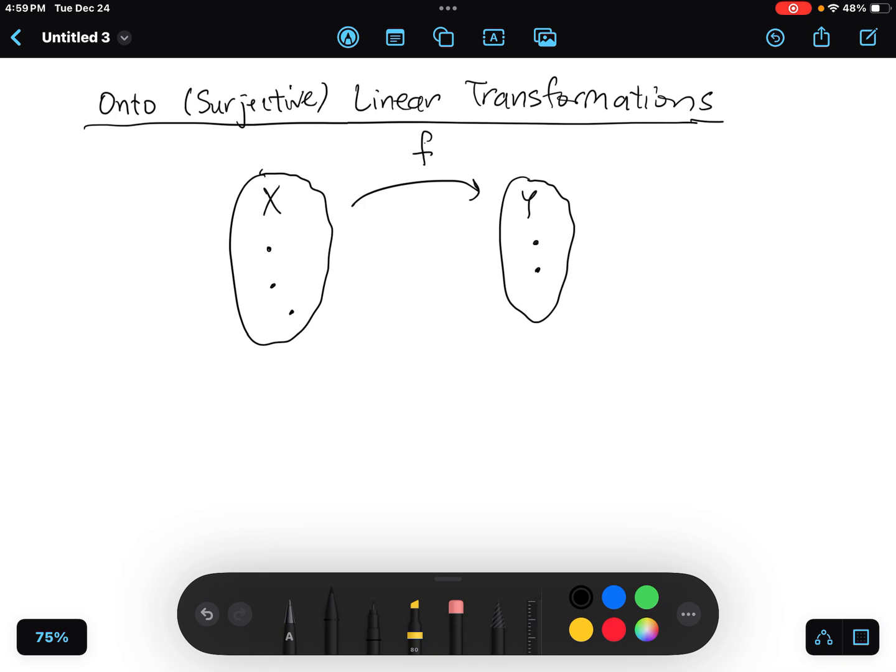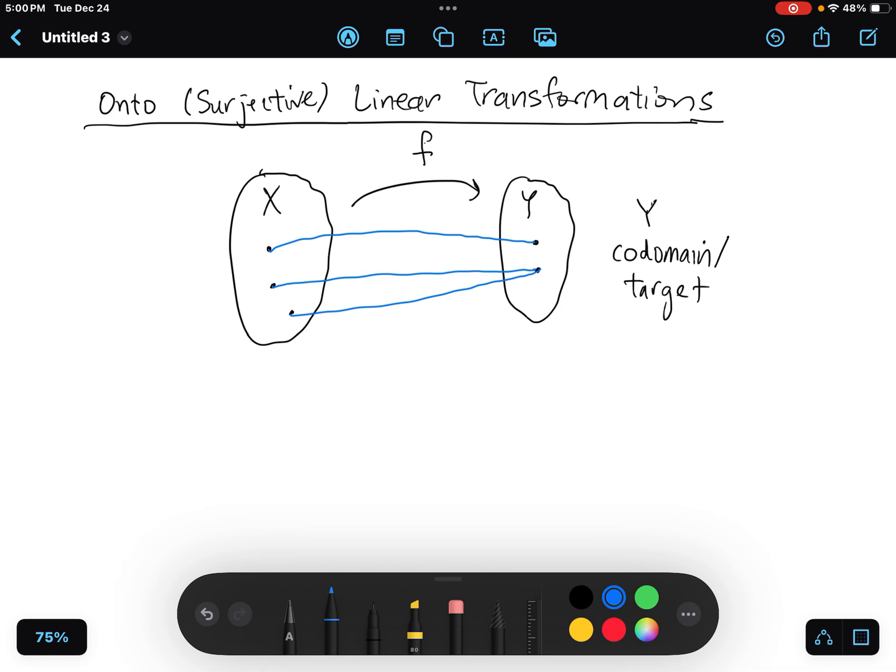So remember that y is called the codomain of the function, or it's also called the target. And let's say that my function sends this point to that point, it sends that point to that point, and it sends this point to that point.